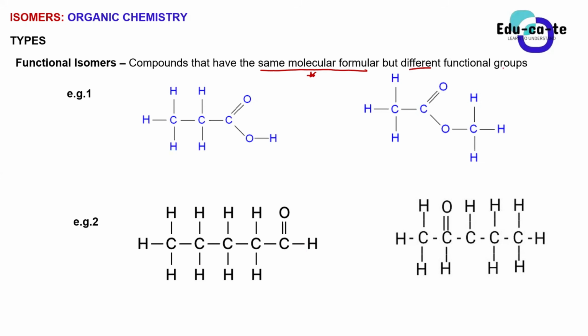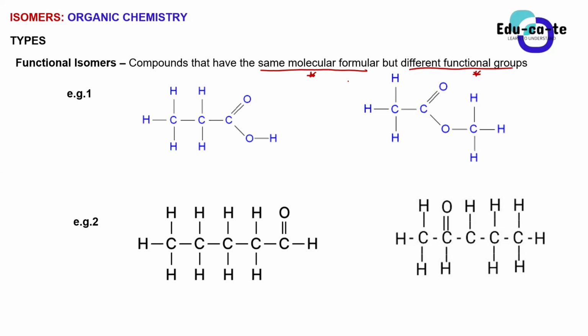So it's different functional groups. Same molecular formula, same number of carbons, same number of hydrogens, same number of oxygens if they are oxygens. Everything in terms of molecular formula is the same. But when it comes to the functional group, they are different.